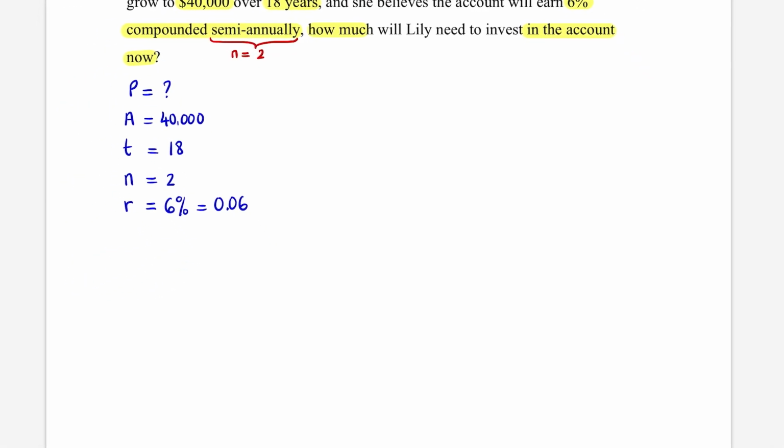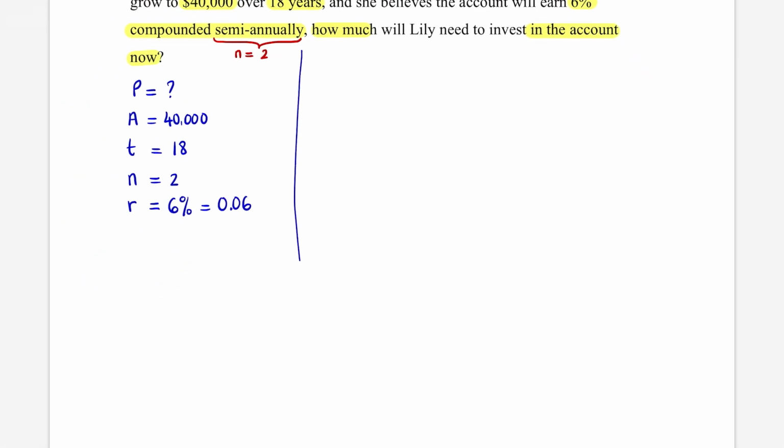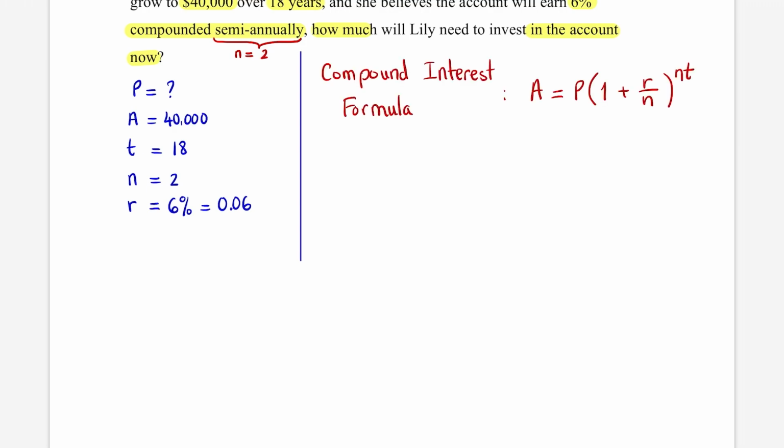I'm still using my compound interest formula, but instead of looking for A, I'm looking for P now because I don't know what P is. I know A is $40,000, R is 0.06, N is 2, and T is 18. So I'm going to substitute $40,000 in for A, substitute 0.06 in for R, replace N with 2, and replace T with 18.